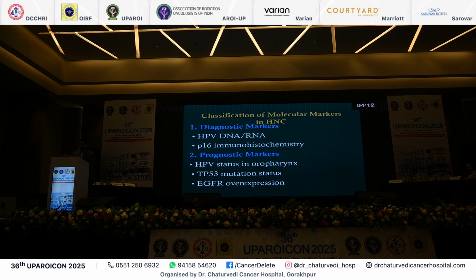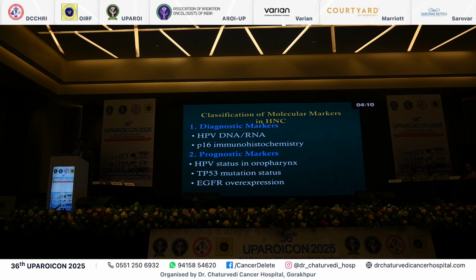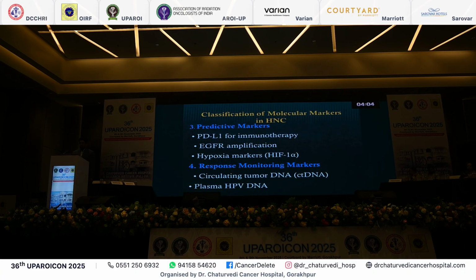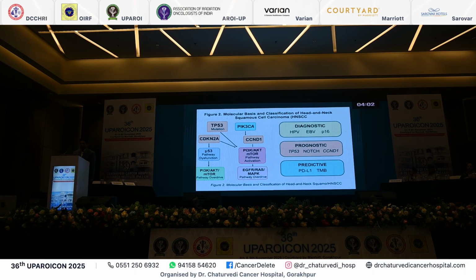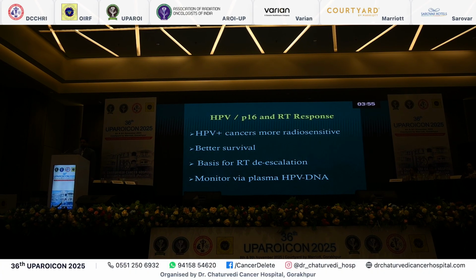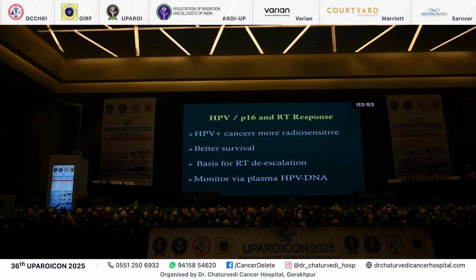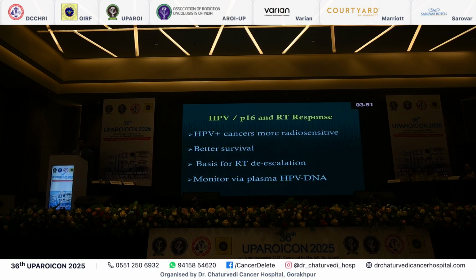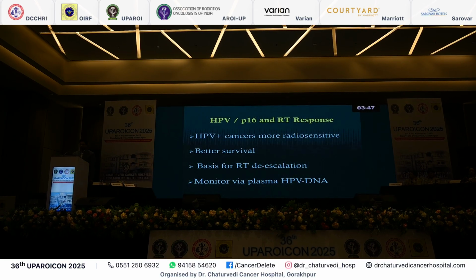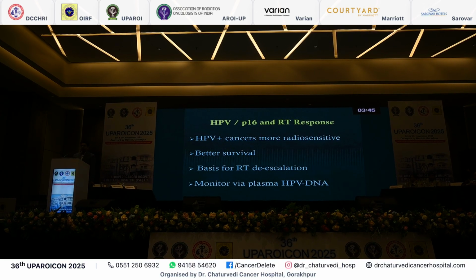So molecular markers are classified as diagnostic markers, prognostic markers, predictive markers, and response monitoring markers. So HPV p16 and RT response: HPV-positive cancers are more radiosensitive, have better survival, are the basis for RT de-escalation, and can be monitored by plasma HPV DNA.